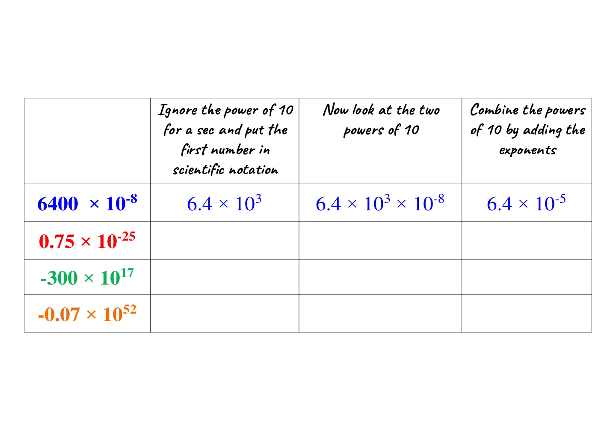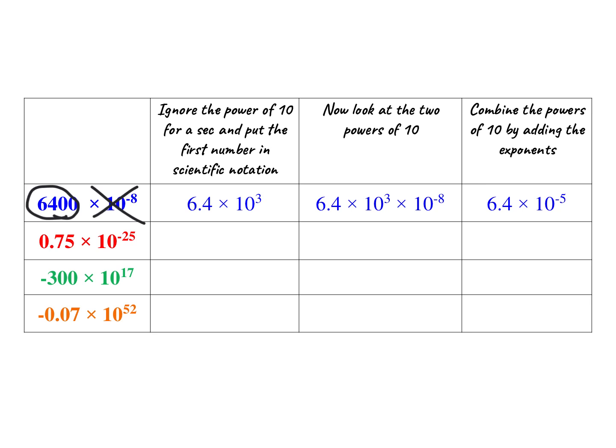So what you can do to convert this into scientific notation is start first by looking at the very first number. We're going to ignore the 10 to the negative 8 for just a moment, and we're going to take 6,400 and put that in scientific notation. That's 6.4 times 10 to the third because we're moving the decimal point back 3 places.